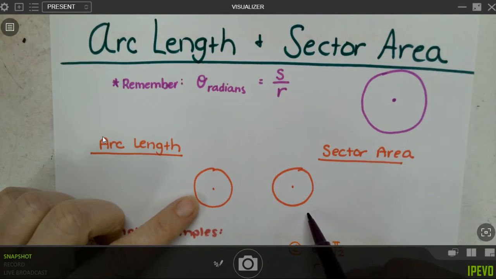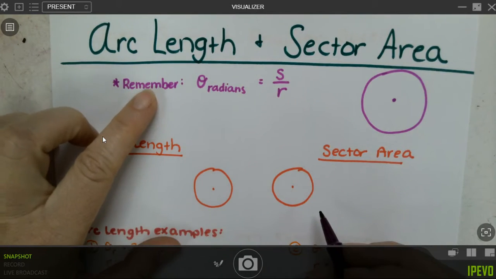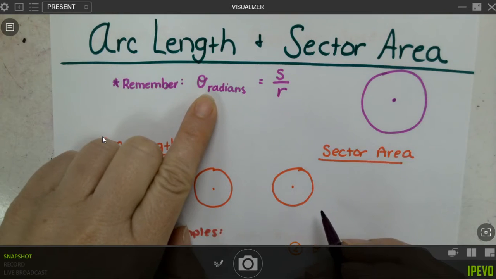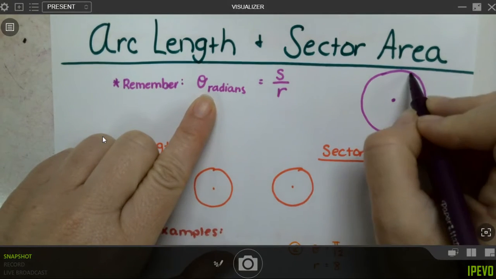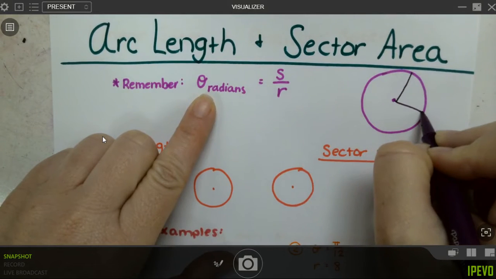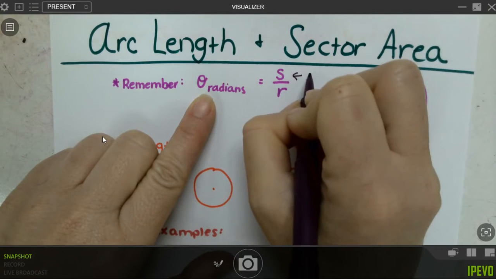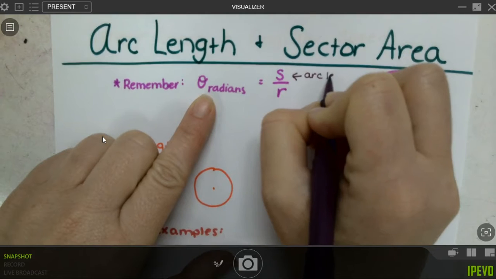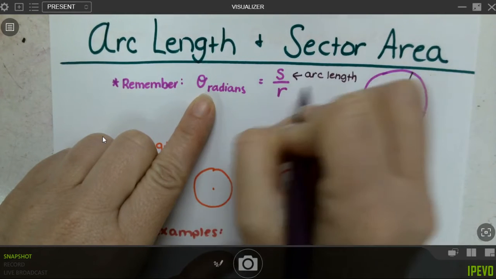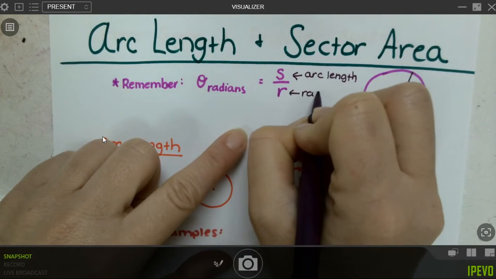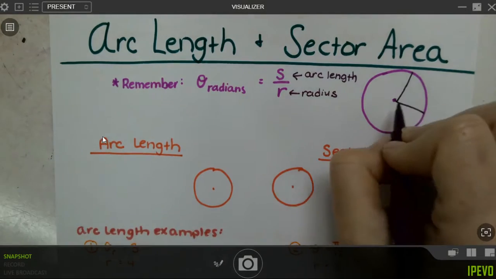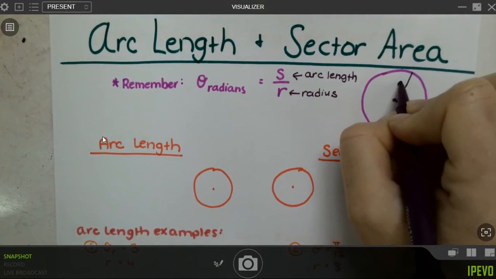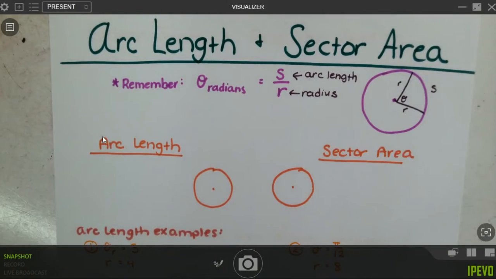But you might remember from the other day that the measure of an angle in radians is equal to the arc length divided by the radius. So remember, the S stood for arc length and the R stands for radius. So the angle here is the same as the arc length S divided by the radius.